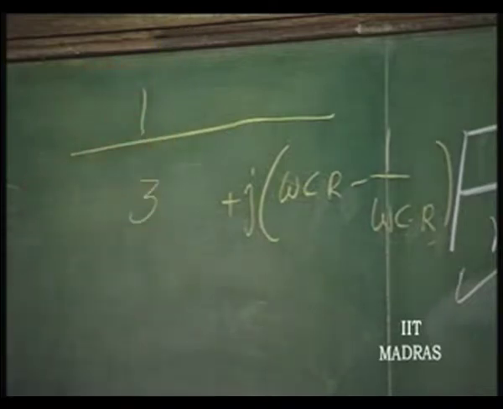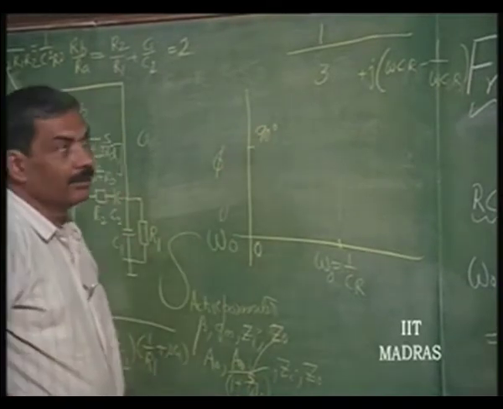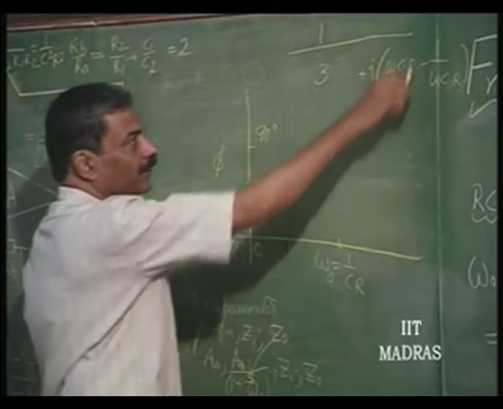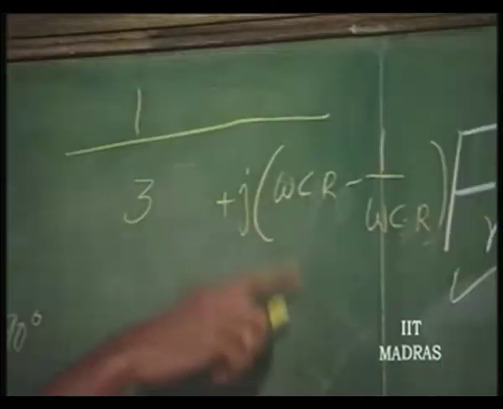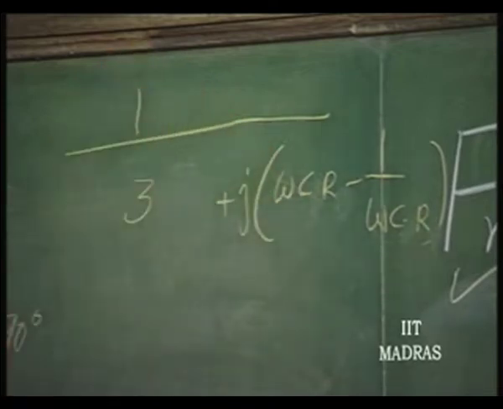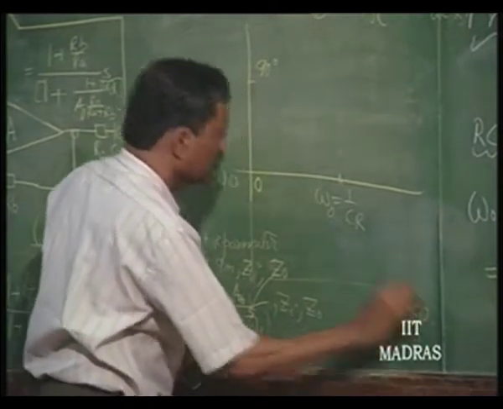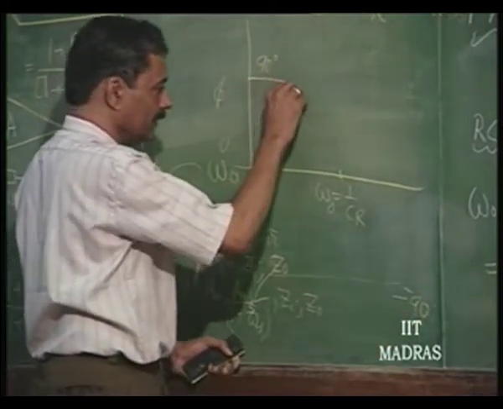At very low frequencies, it gives you a phase shift of 90 degrees. At very high frequencies, this becomes dominant, this becomes negligible. So, at very high frequencies, this gives you a phase shift of minus 90 degrees. So, it is going to change in this manner.